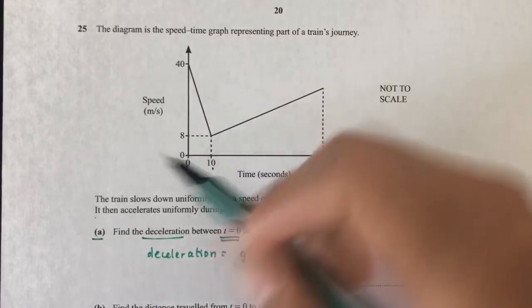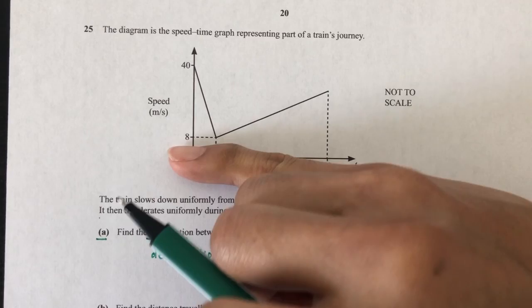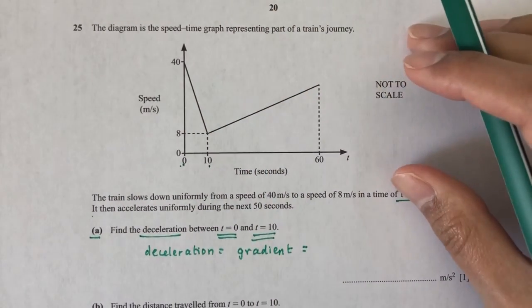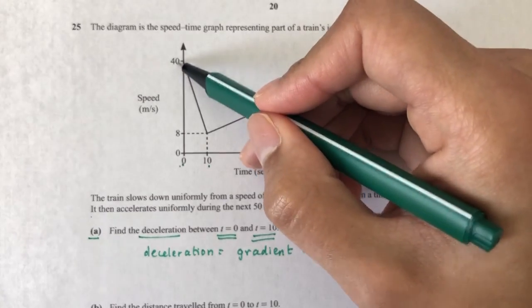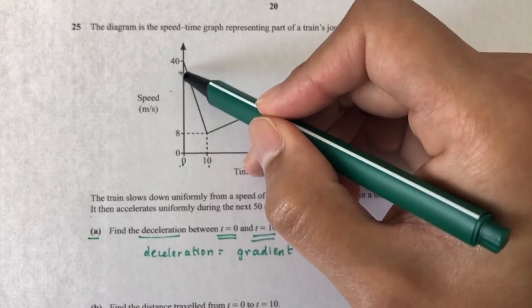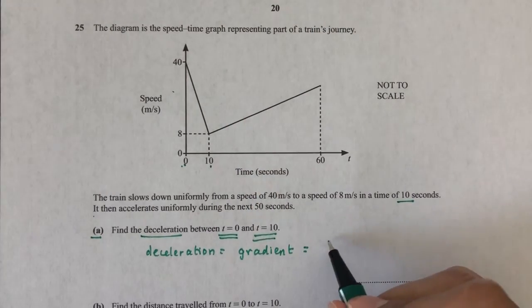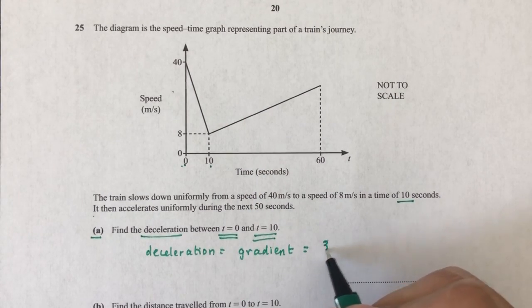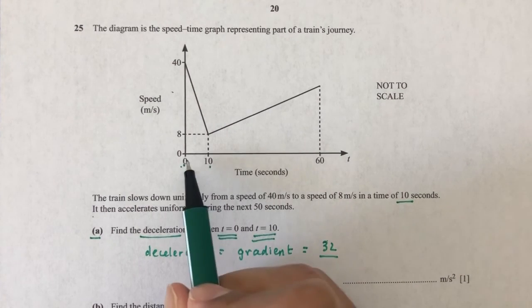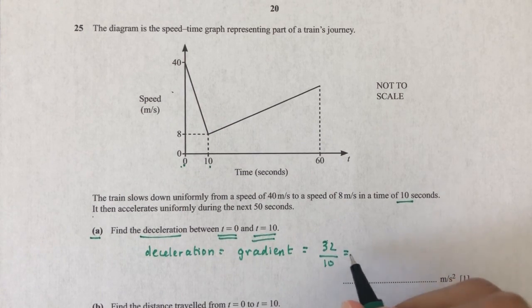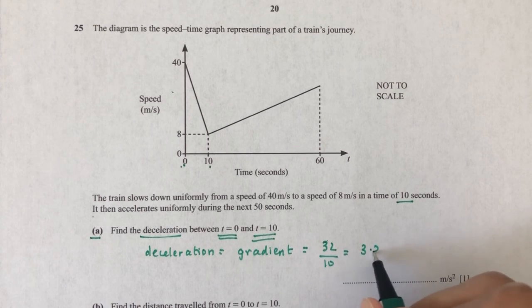We know the shape on the bottom, and we have to find the height of the triangle. So the height will be 40 minus 8, which is 32. The base will be 0 to 10, which is 10. So deceleration will be 3.2 meters per second squared.